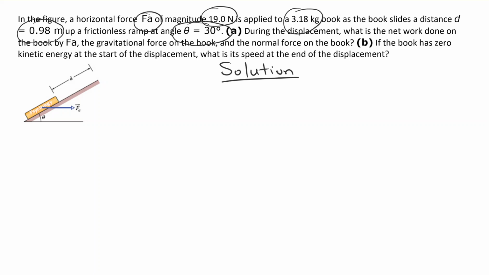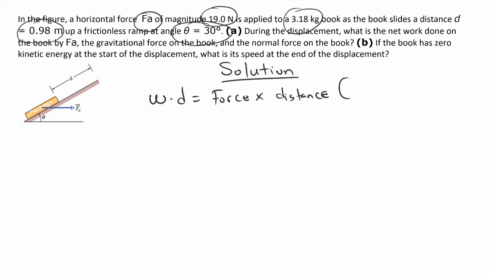The first thing we want to find is the work done on the book. We all know that work done is equal to the force acting on an object multiplied by the distance the object travels in the direction of the force. So that's the key point.